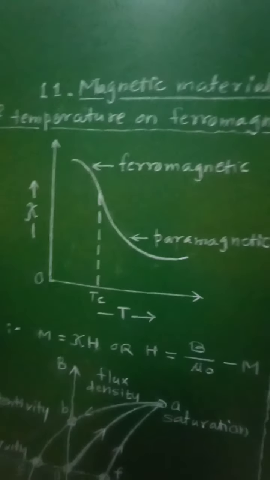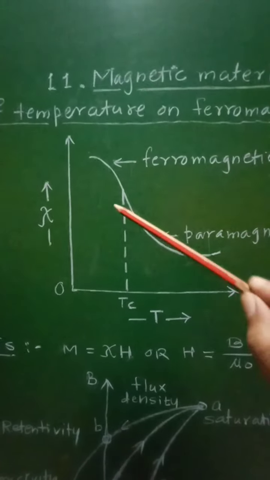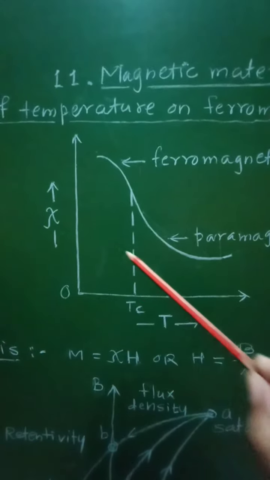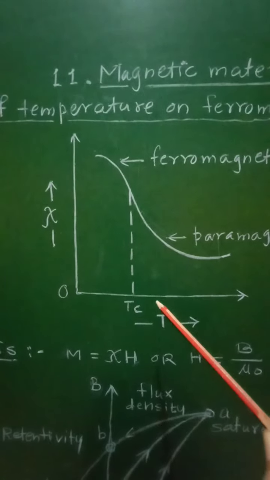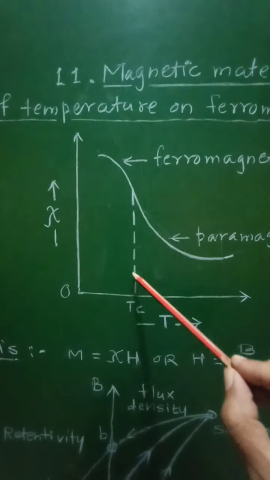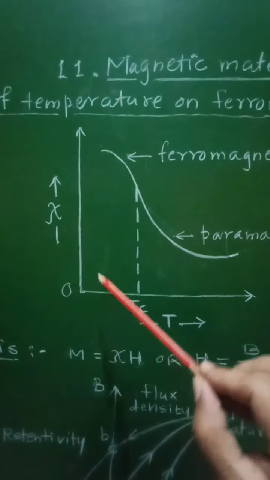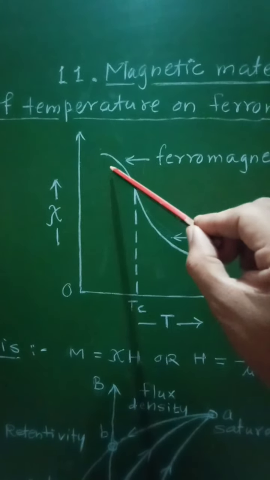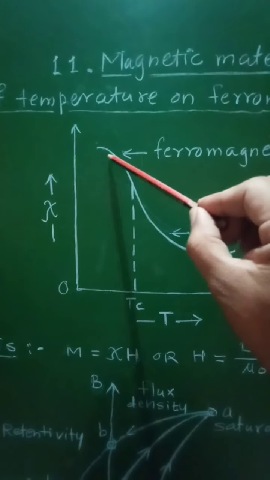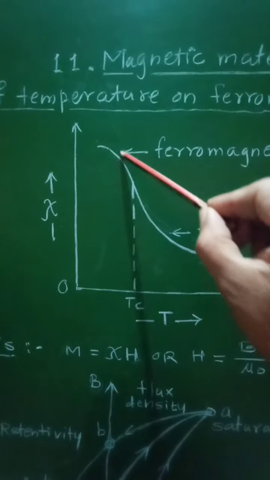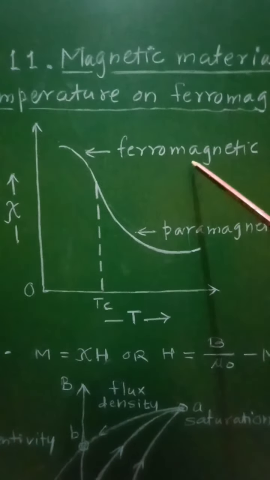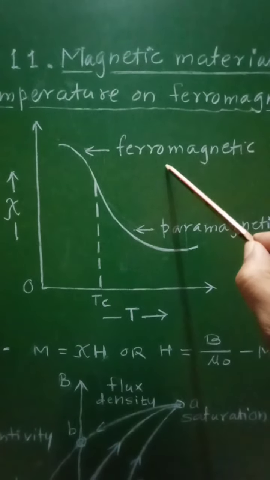Now, in this diagram, the susceptibility versus temperature is plotted. If you plot this graph, then for smaller temperatures, the susceptibility will be large and positive. Therefore, this portion will represent the ferromagnetic material.